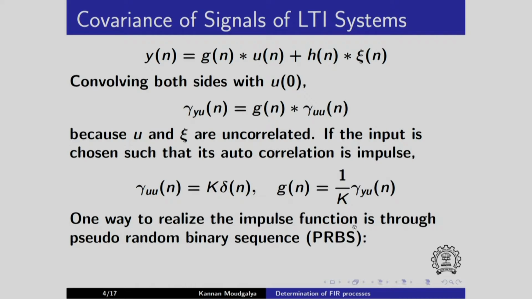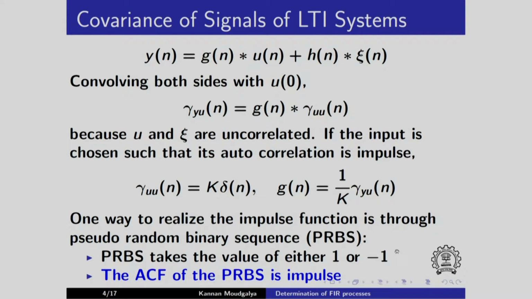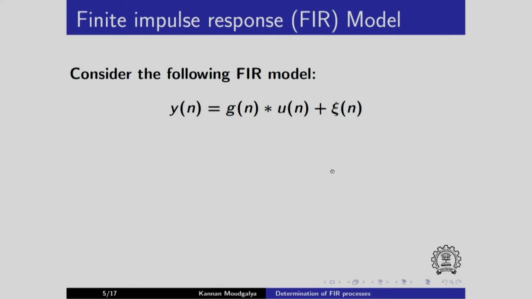One way to realize the impulse function is with the help of pseudo random binary sequence, which is abbreviated as PRBS. PRBS takes the value of either 1 or minus 1, and one can show that the ACF of the PRBS is an impulse function. So we shall use that shortly.